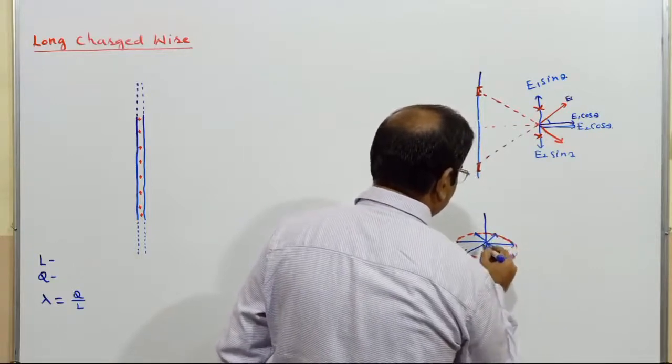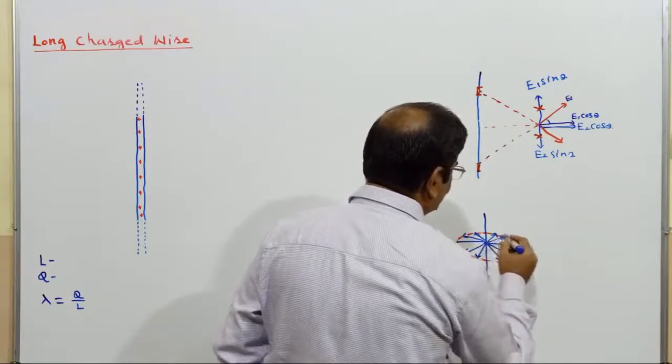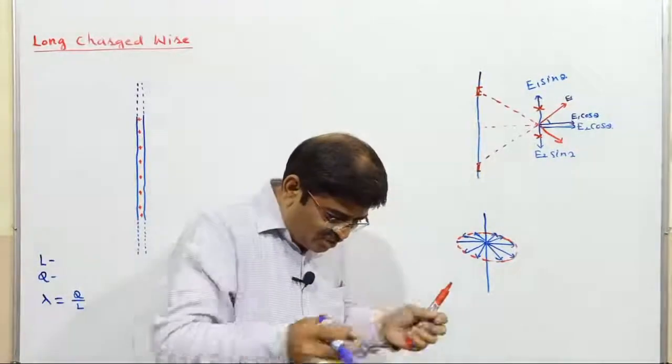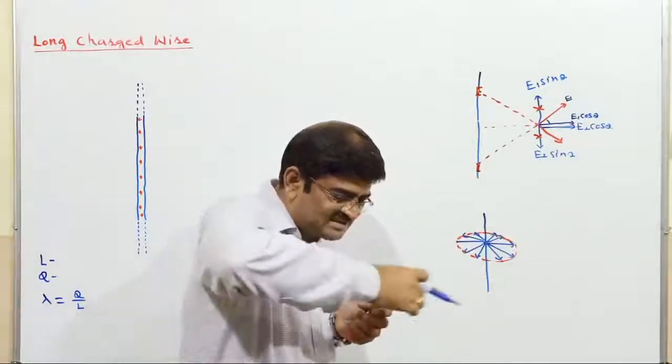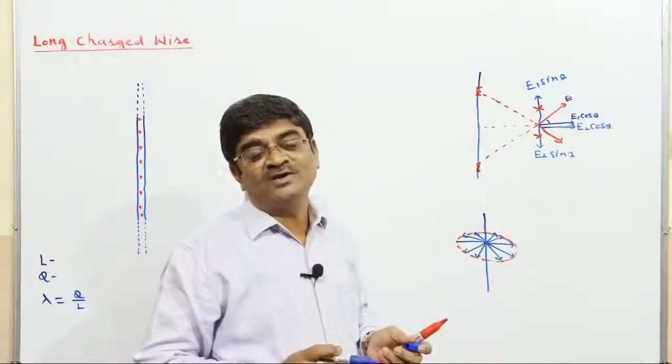From the upper view, if I look at this, what is going to appear is like this. If I look like this, all these force lines I'll see starting from that long wire going away radially outwardly directed.